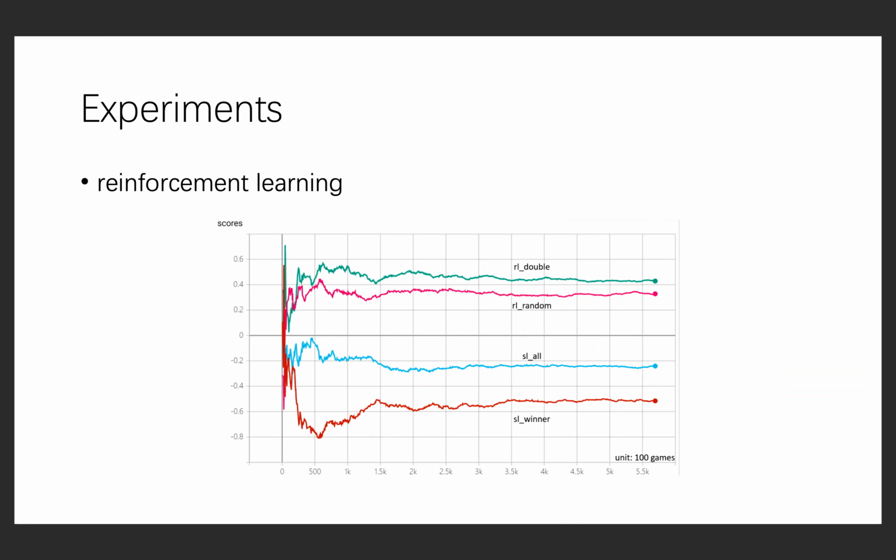The first one is named the Reinforcement Learning Random Model. It's a model trained on random desks based on the supervised all model. And the other one is called the Reinforcement Learning Double Model. The model is trained on double desks based on the reinforcement learning random model.